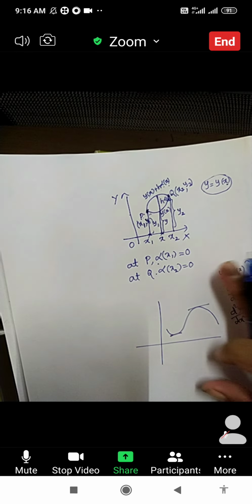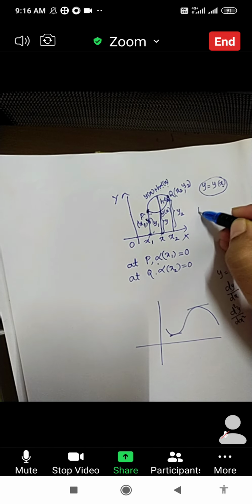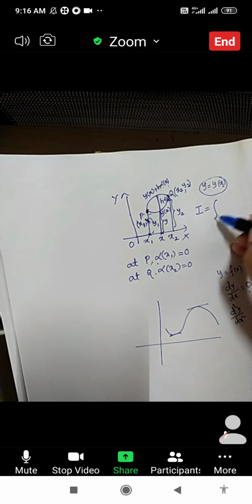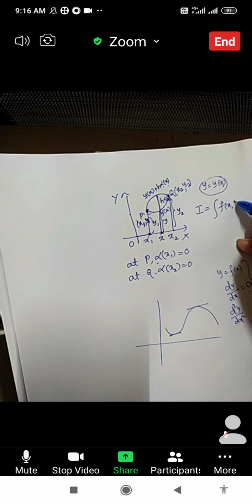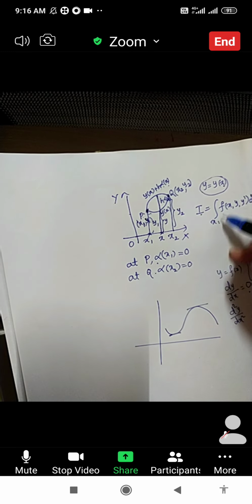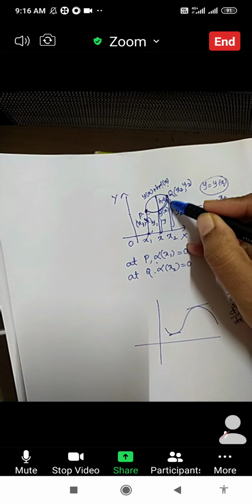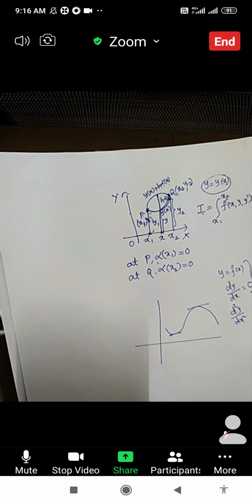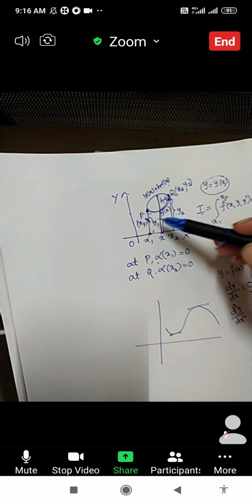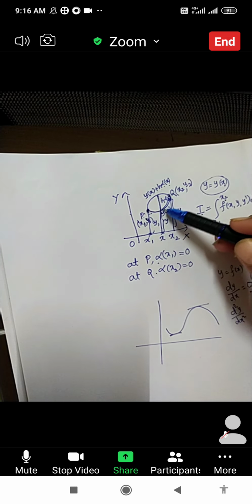Similarly, what we are taking here, we have I, which is nothing but a functional f of x, y, y dash. We take this I between the limits x1 to x2 as extremum along which curve? Along the curve y of x. Now, tell me, we know that it is extremum along this curve.